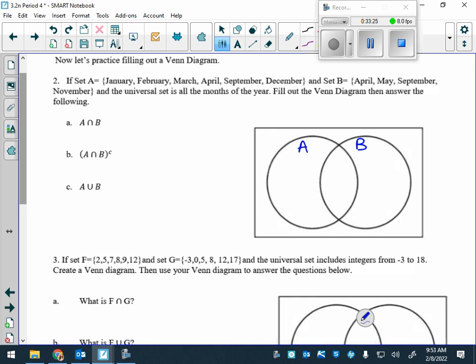Yep, Kaylin. April and September. So that goes right there in the middle. Okay. What months, and you can see the overlap here. Okay. What months are only in set A? What months are only in set A?